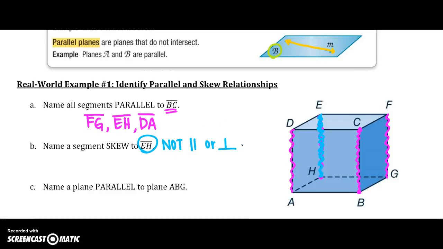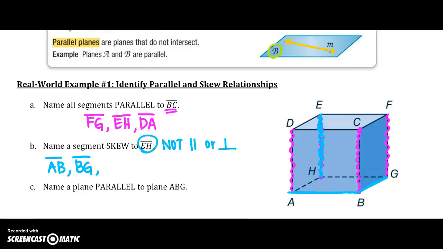So maybe we could say AB. Notice that AB is going in a different direction, but is on a different plane than EH. Another one may be BG. Again, notice it's not going in the same direction, and it is not on the same plane.